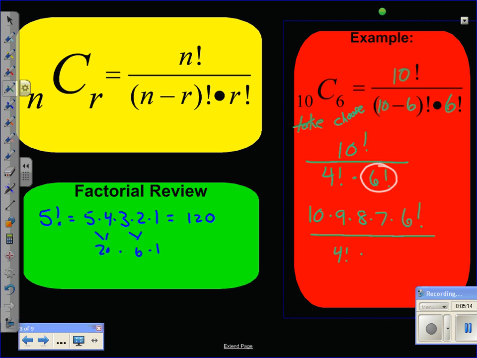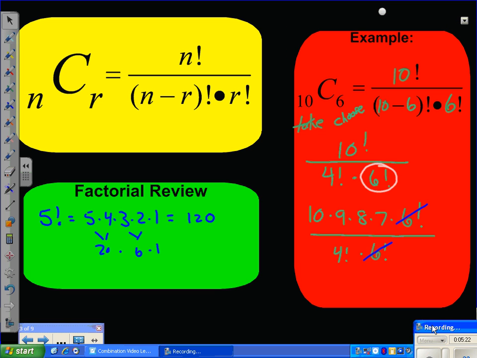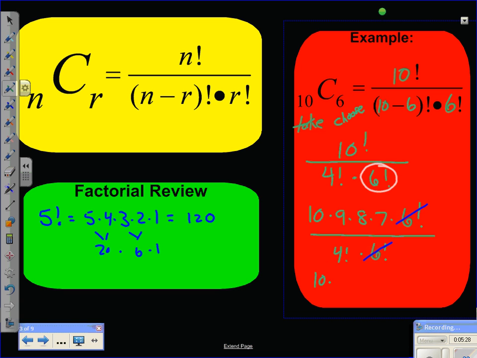We take 4 factorial times 6 factorial. Now, in the numerator and denominator, we can cancel out the 6 factorials because 6 factorial over 6 factorial is 1. And now we have 10 times 9 times 8 times 7 divided by 4 times 3 times 2 times 1.